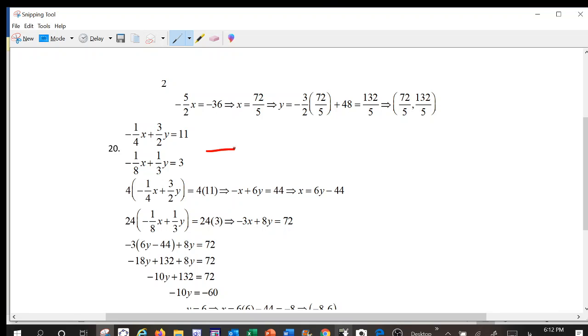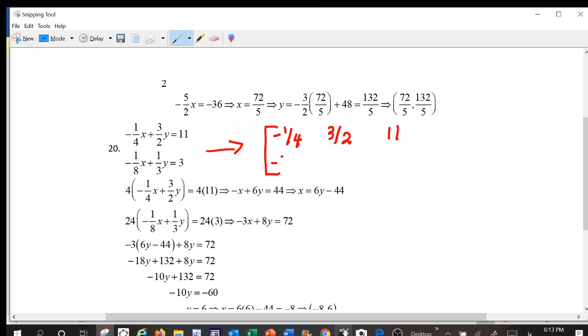First of all, I'm going to write an augmented matrix. The coefficients have to be in order: x, y, x, y. If they're not, you have to order them. Here they are. Negative 1/4, 3/2, and 11. That's the first row.